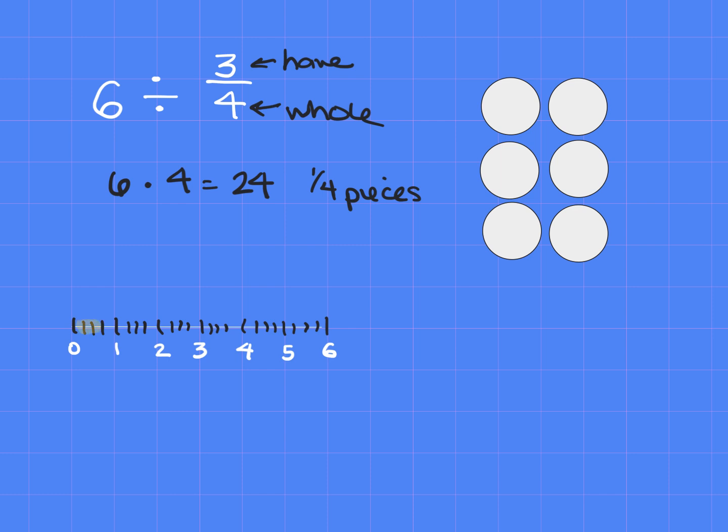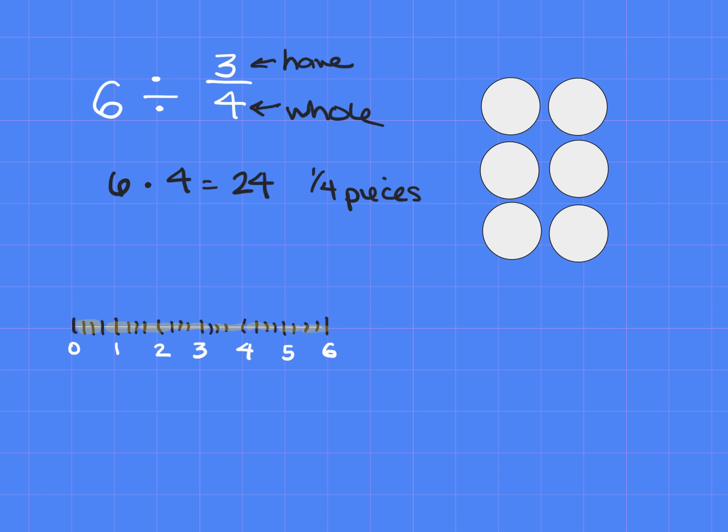So that's 1, 2, 3, 1, 2, 3, 1, 2, 3, 1, 2, 3, 1, 2, 3, 1, 2, 3, 1, 2, 3, and then 1, 2, 3.